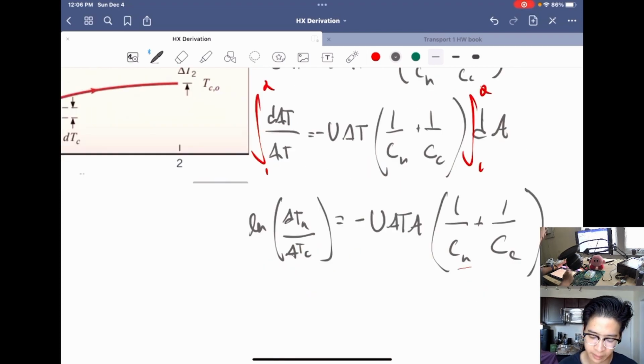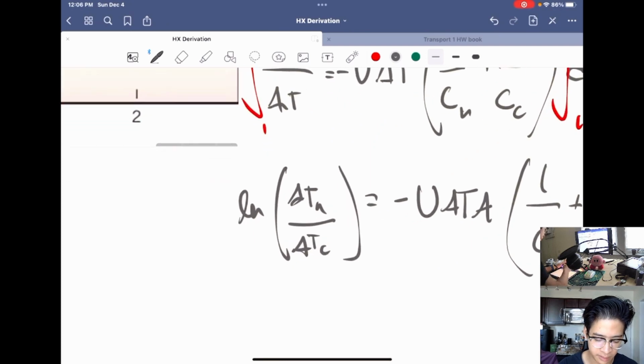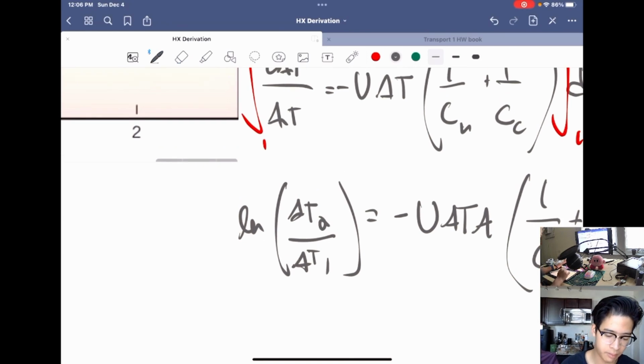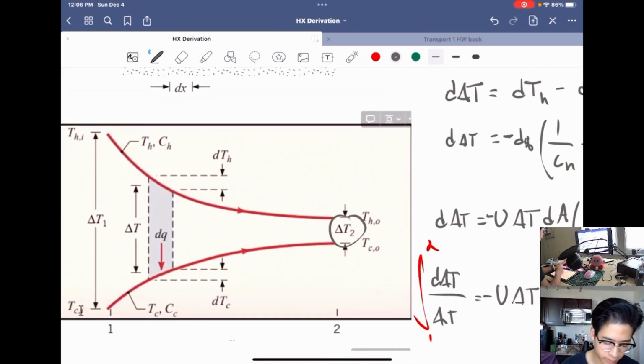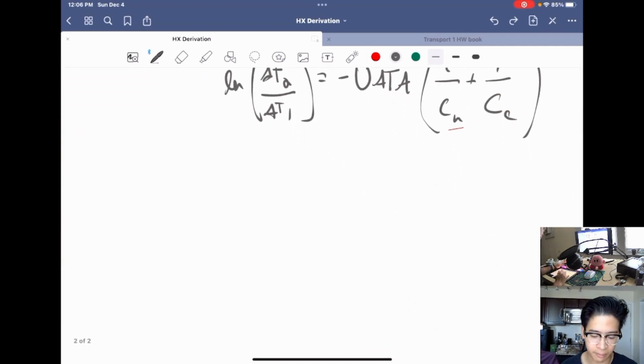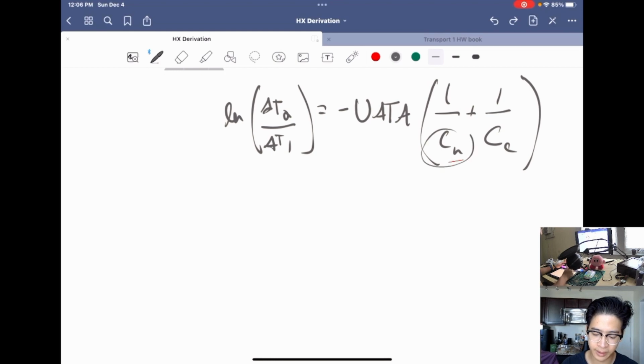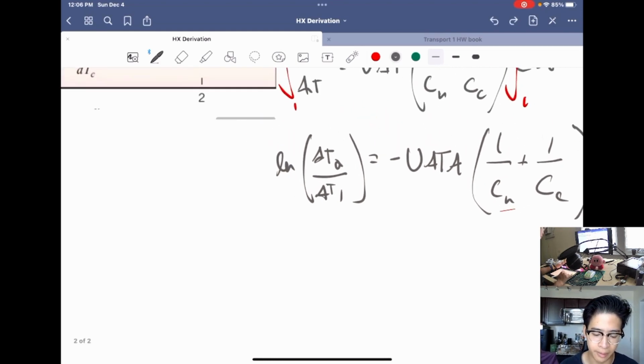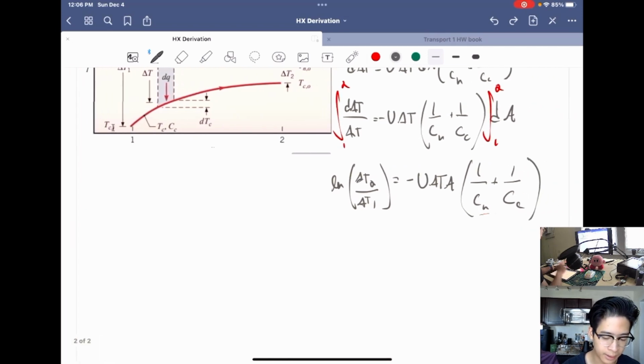Actually, this should not be hot and cold, but rather position 2 and 1, okay? And this delta T2 and delta T1 is described there in the graph, okay? Remember, this is the hot stream in the co-current heat exchanger, and this is the cold stream in the co-current heat exchanger. So now what? Now we have these heat capacities to take care of, and we can take care of them using a pretty nifty expression.